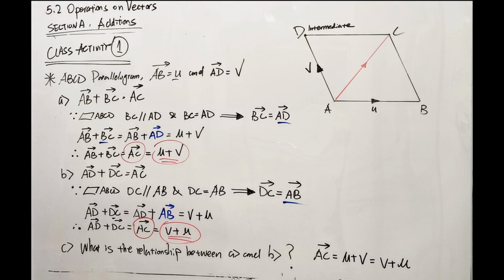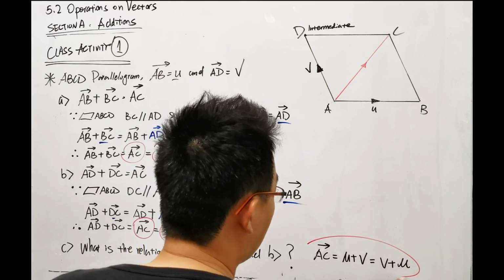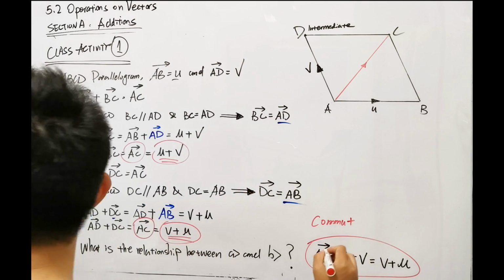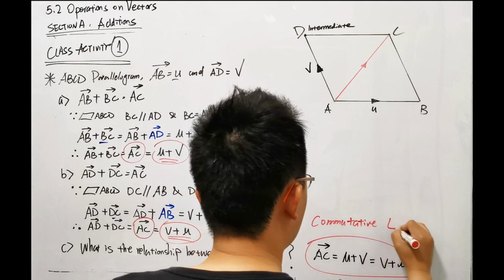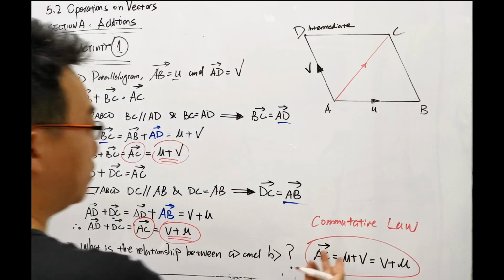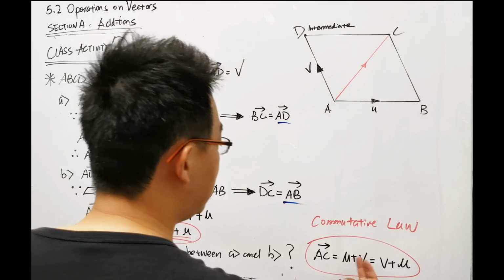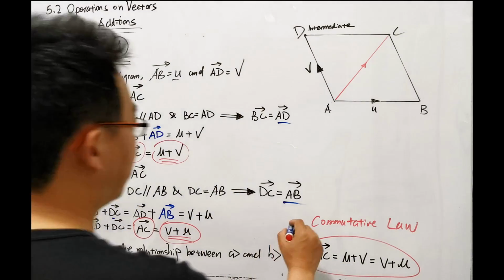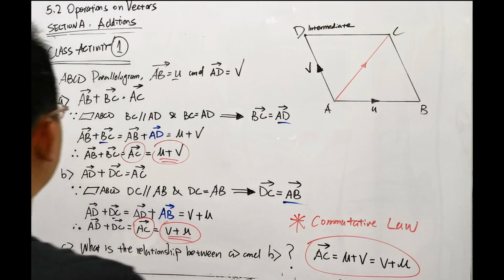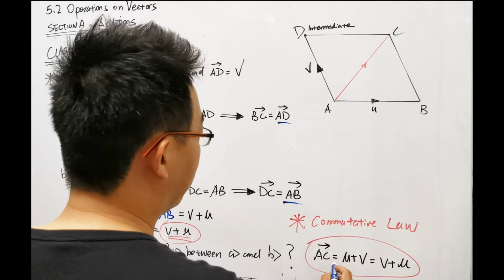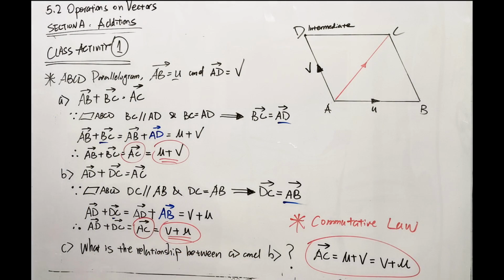This is a very important law, which we call the commutative law. We can change them around with no issues, because u plus v and v plus u are all the same. So from this question we come up with the commutative law. This is a very important relationship.